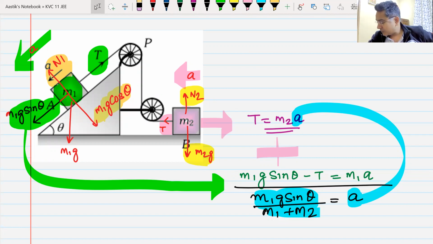Up till now, we had bodies which were connected to each other using only one single string. When they were connected using one single string, the acceleration of all the blocks was the same. They might have been in different directions, but magnitude wise, all the accelerations were the same.